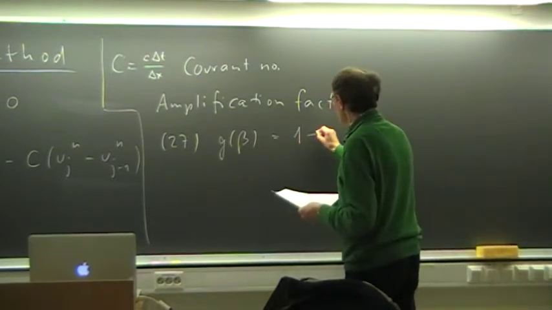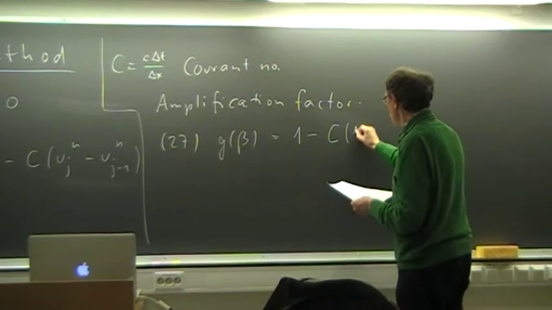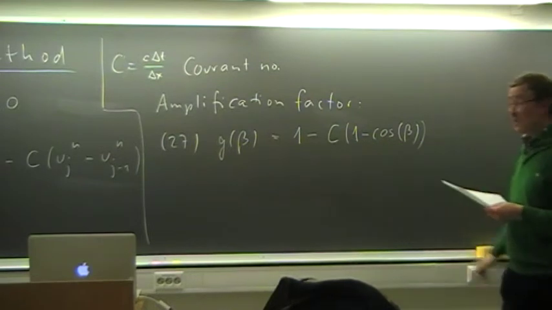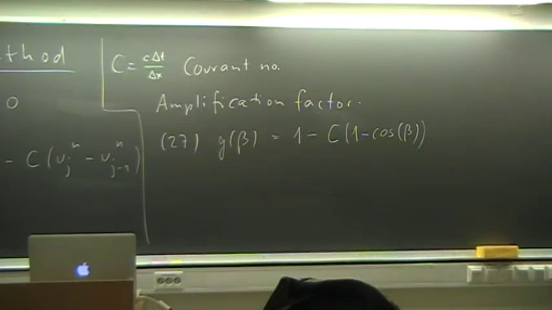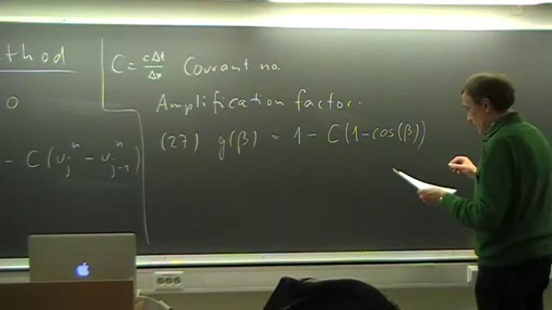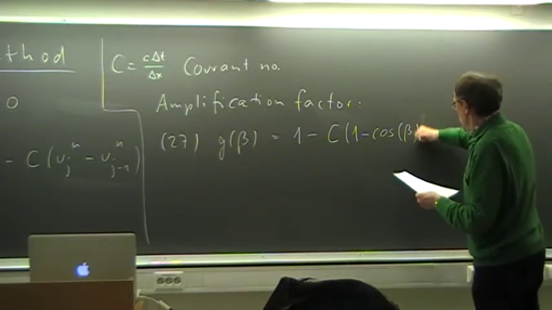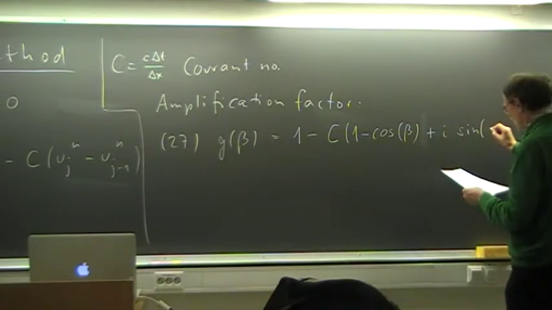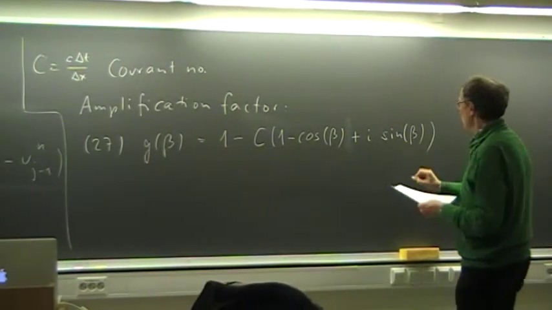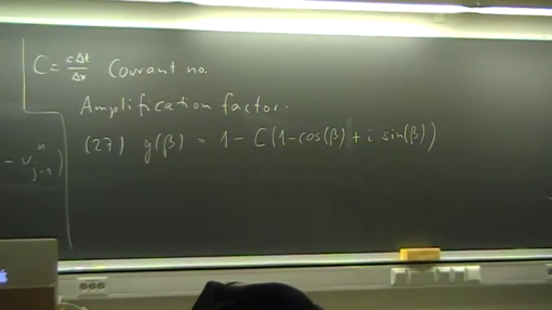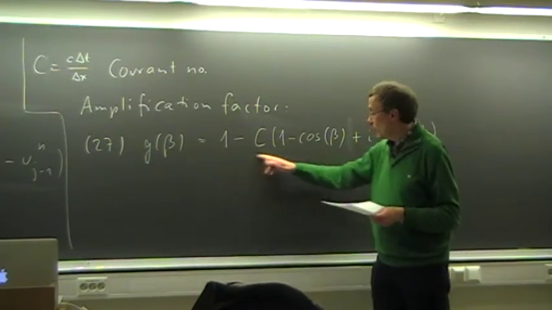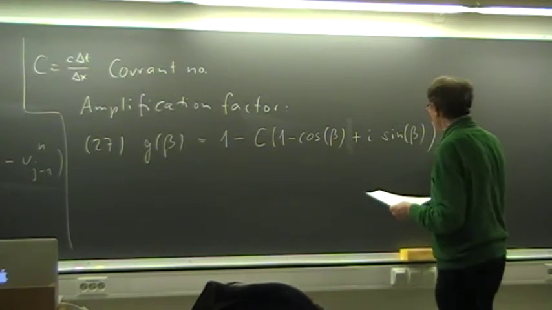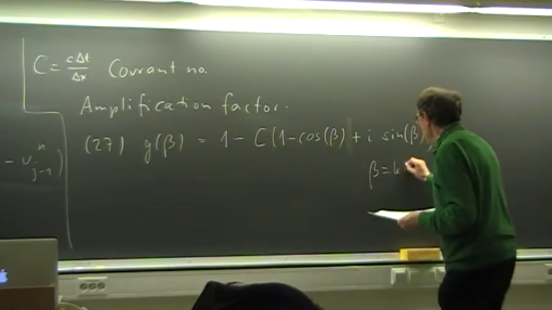It is 1 minus the Courant number times 1 minus the cosine of beta, which you could imagine as the non-dimensional wave number. And we have here then something more, namely I sine of beta. So that means we have a real part and we have an imaginary part. And the beta, I just said it, that is k delta x.